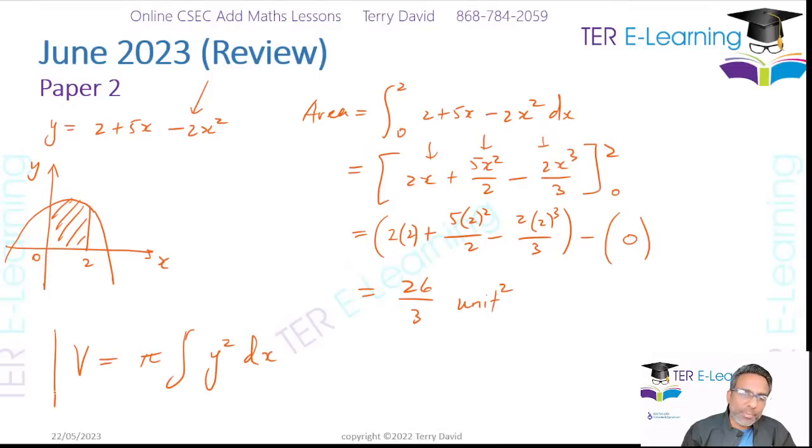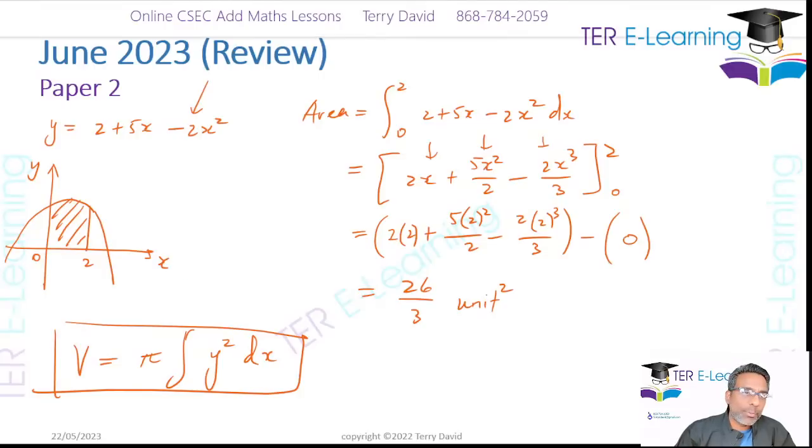This formula is important when you're trying to work out volume. The most common mistake that students make is that they forget to square the curve that they were given. Some students even forget to put the pi in front of it. So if you have an area that you're rotating about your x-axis, this is the formula that we're going to use.